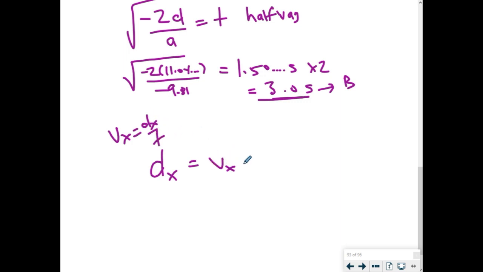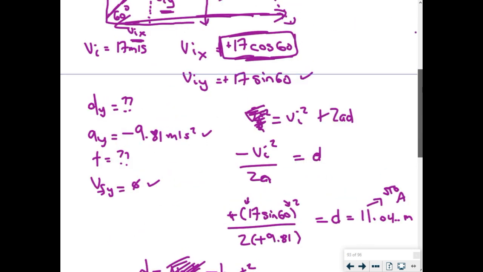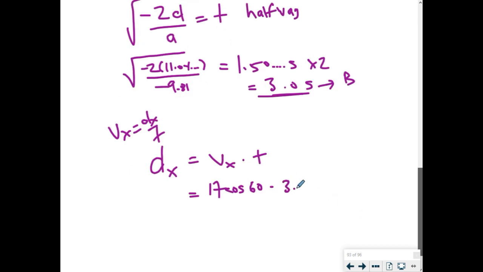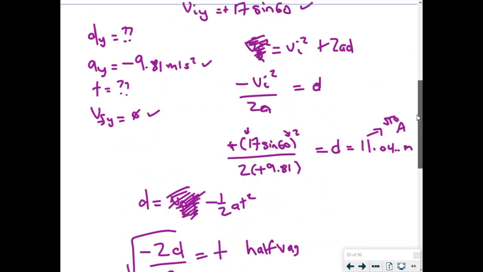So if I take Vx and multiply by time, my Vx again was 17 cos 60, and my time value we just solved for was 3 seconds. So I'm going to take letter B and times by 17 cos 60 to get a distance traveled in the x direction of, 2 sig digs, let's call it 26 meters. And there we go, we're done.